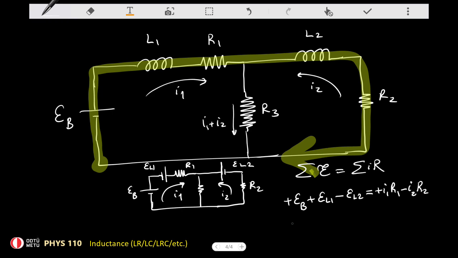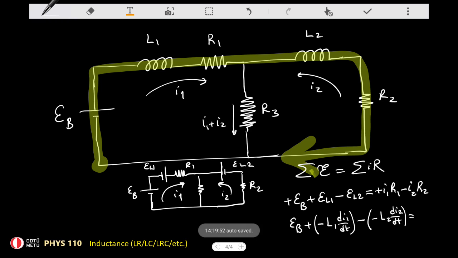And then what else? Sorry about that. This is the EMF of the battery. And for the EMF of L1, I'm going to write minus L1 times di1 over dt. And for the EMF of L2, I'm going to write minus L2 di2 over dt. And the right-hand side is going to do the same. All right. So we don't have much space left in here.